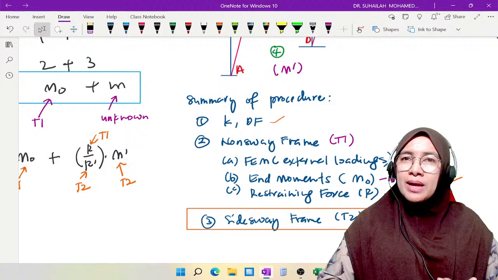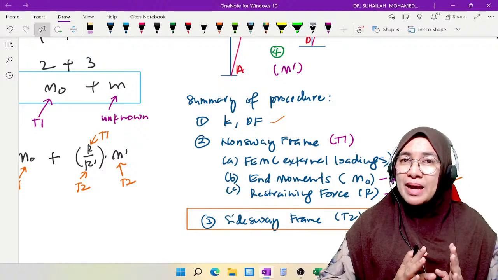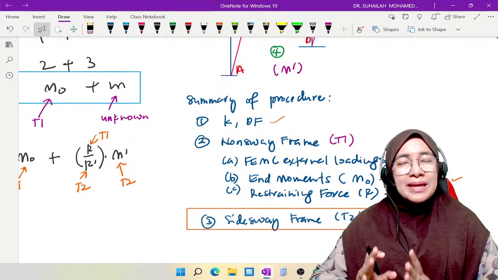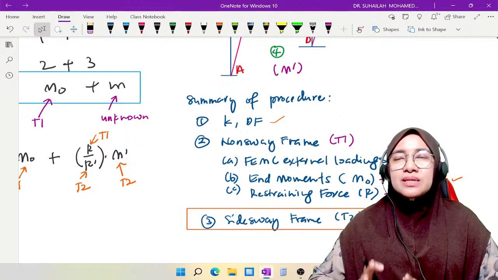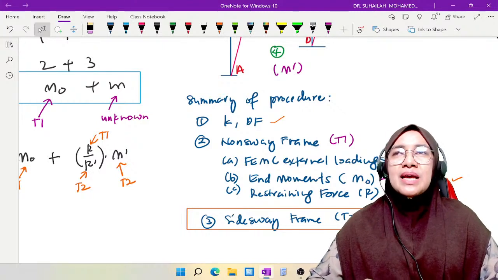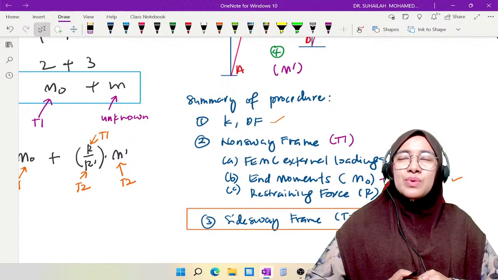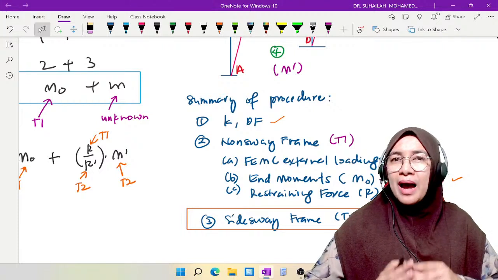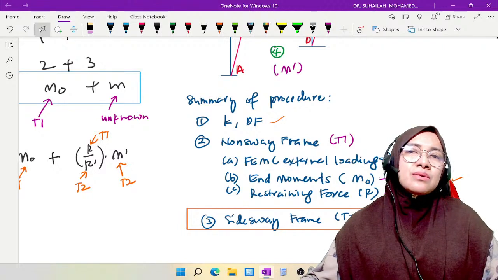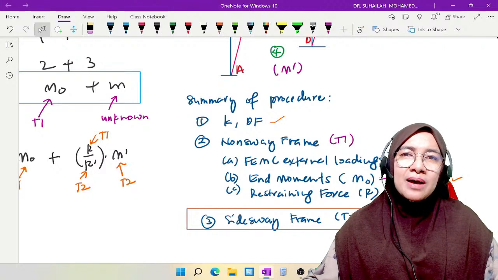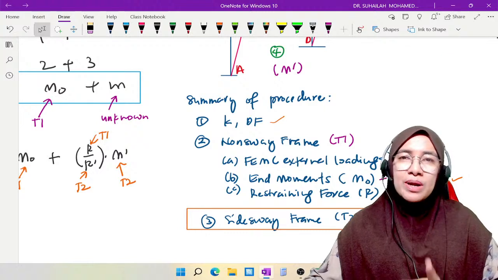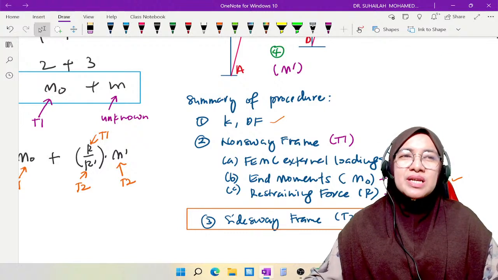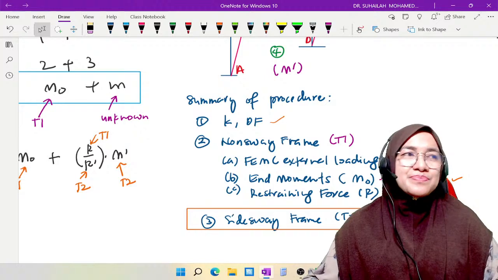considering table number 1, which is the non-sway frame analysis, and table number 2, considering the side sway frame analysis, and then we have the correction factor. The correction factor is R divided by R prime. We calculate this R from both table 1 and table 2 using static equilibrium.